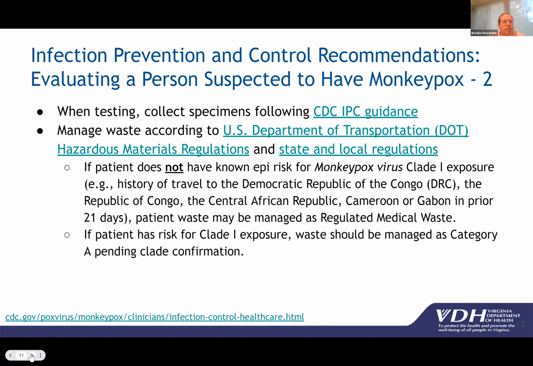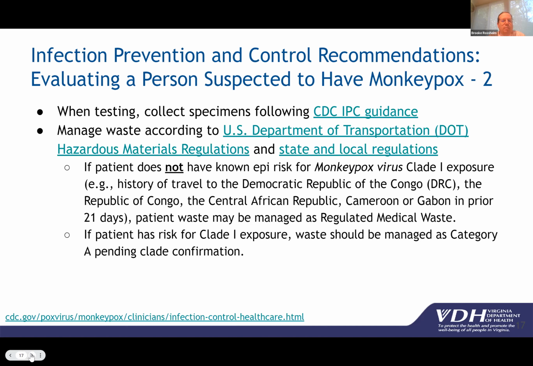And so basically you would follow the same procedures as for other regulated medical waste. Now, if there's some reason to suspect that a patient may have clade 1 monkeypox, for instance, if a patient had exposure to clade 1 monkeypox, then the waste needs to be handled as category A medical waste, which is more intensive.